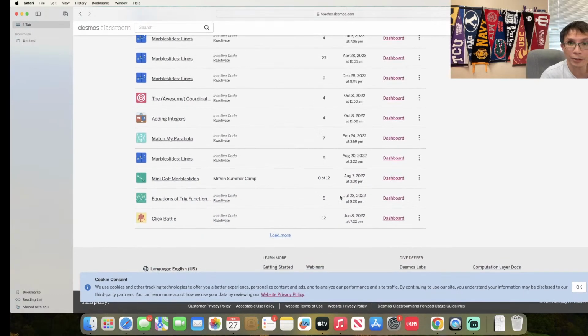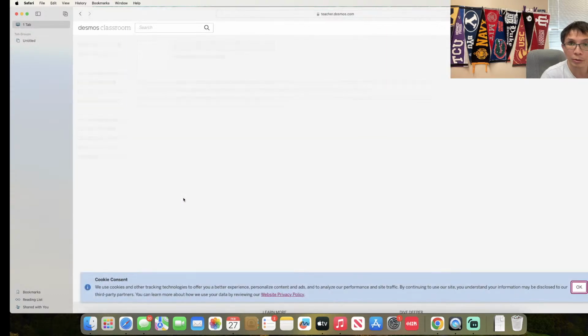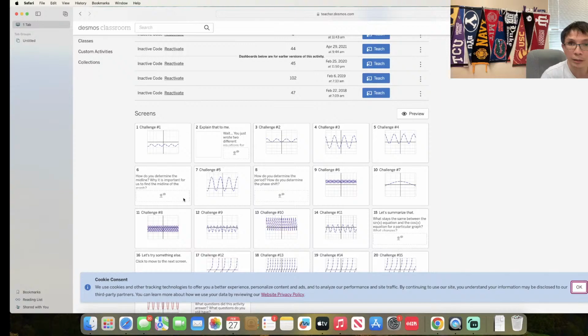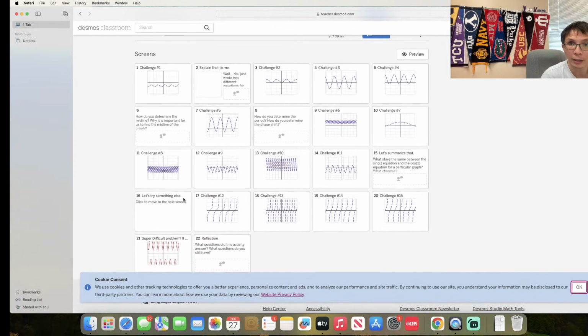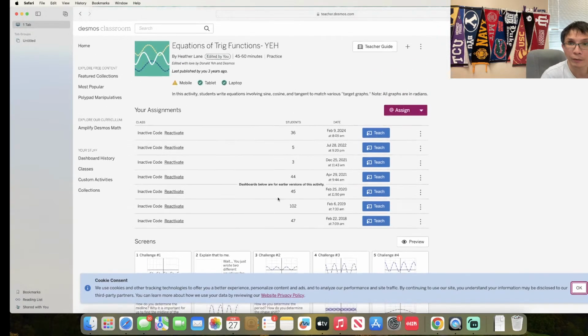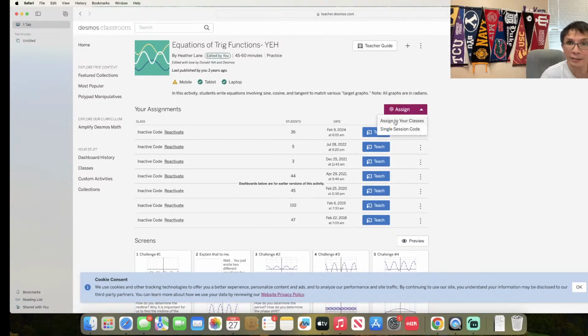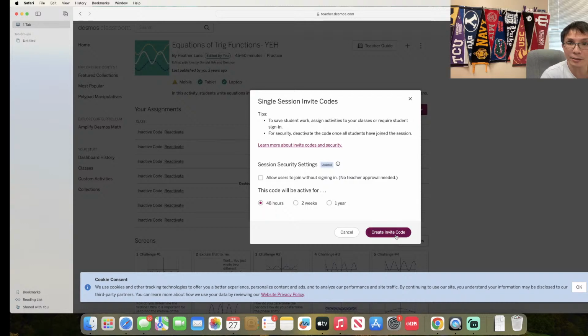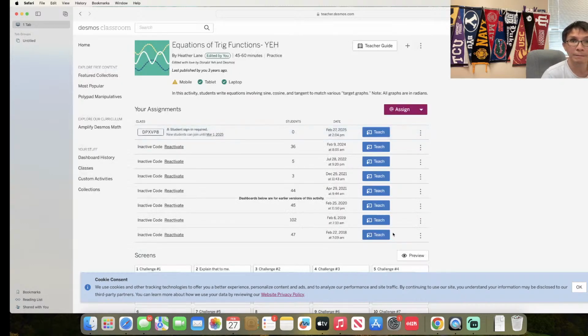Equation of trig function dashboard. Assign to your class, single class, yes. All right, so you're gonna go to student.decimal. You're gonna type in DPXVP8.